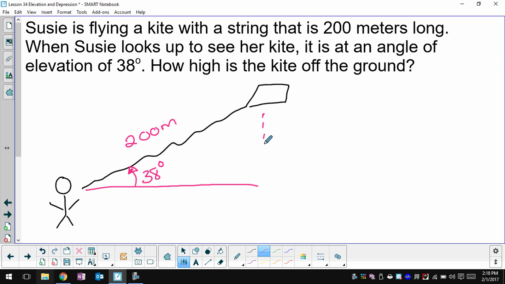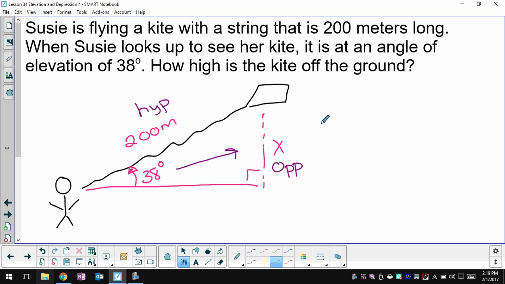Well, if we finish here and create this right triangle, this distance here is going to be how high the kite is. It's going to be off by a little bit because we don't know how tall Susie is, but we'll just take that into account as an error. So now I can just look at this as a regular right triangle problem. X is opposite from my 38 degree angle of elevation. 200 meters represents my hypotenuse.